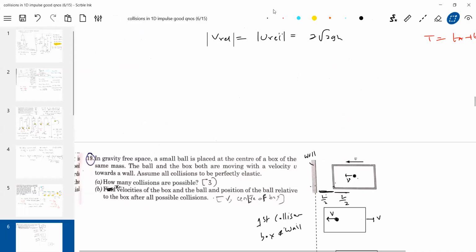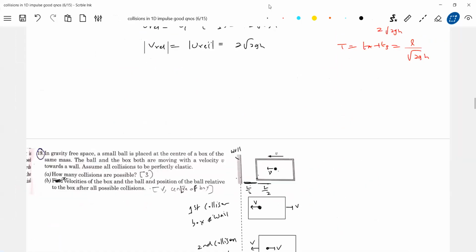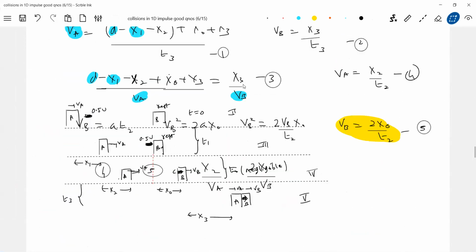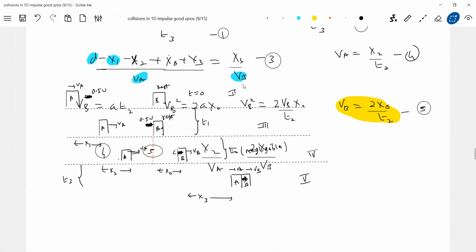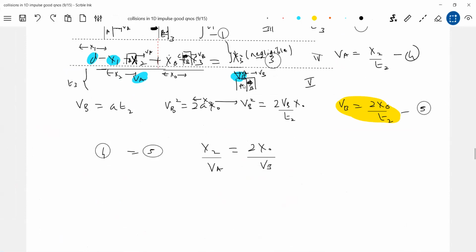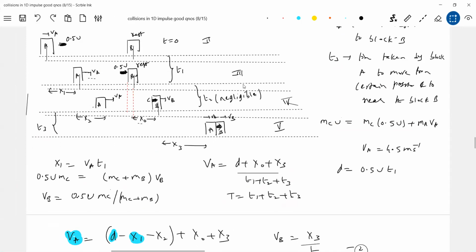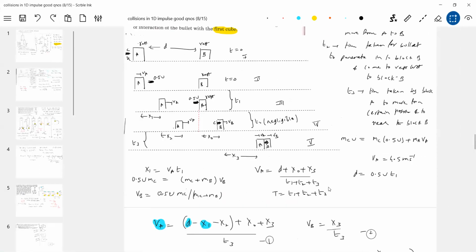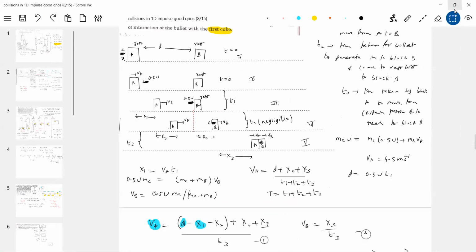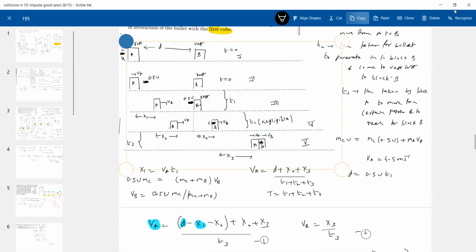Where has it gone? Moving, I think, a little bit of a problem. Shall I write directly? So this total diagram. I'll copy it.